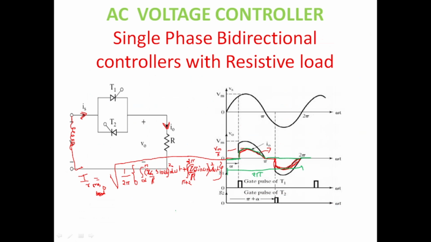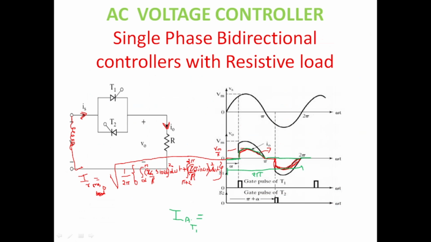If you take average for this, I can call this as I average or DC value of thyristor T1.